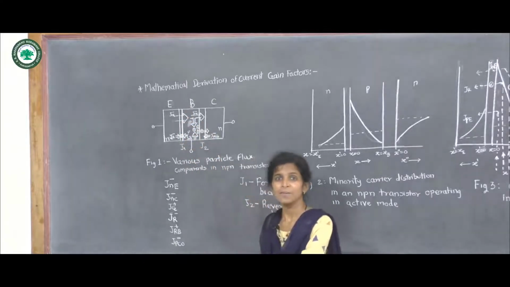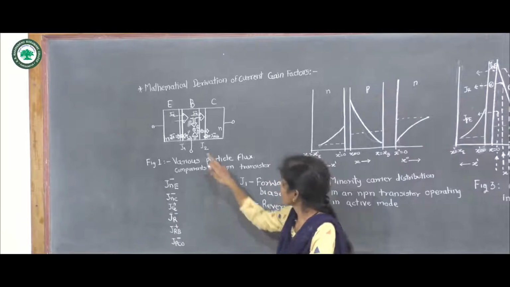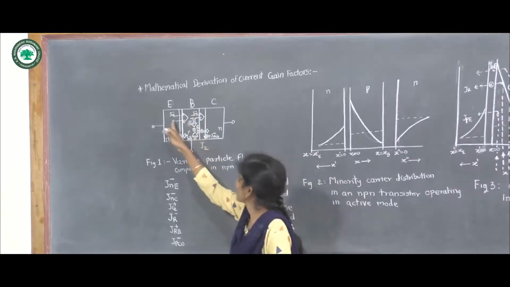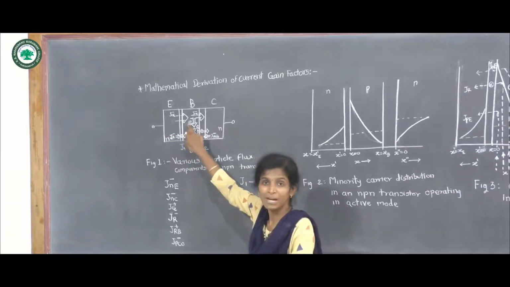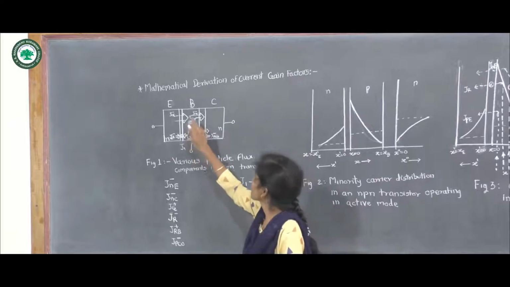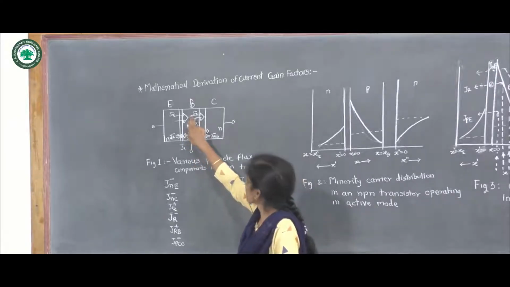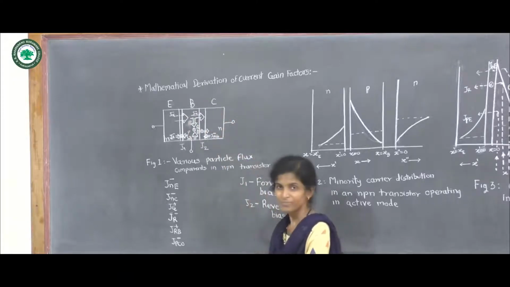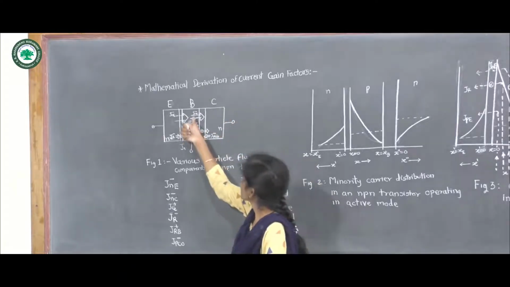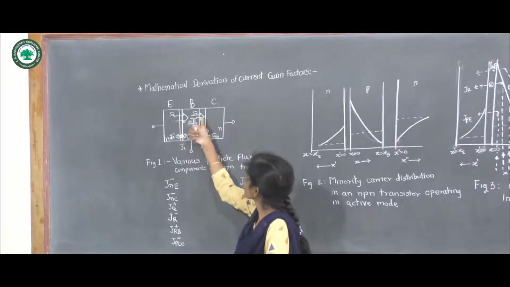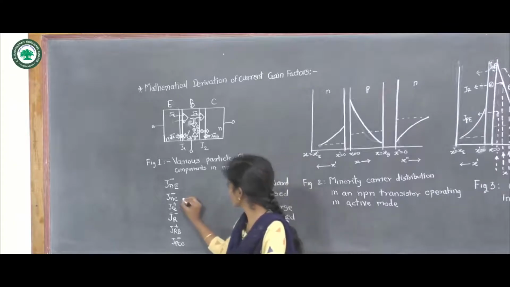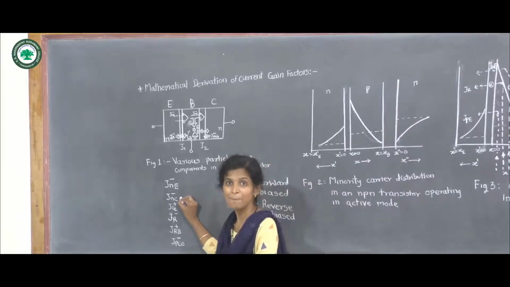As the base is of P type, holes are the majority carriers in this region, so some of the electrons crossing junction J1 will recombine with the holes in the base, and the remaining electrons will try to cross junction J2. The electrons which try to cross the base collector junction form the particle flux which is given by JNC minus.